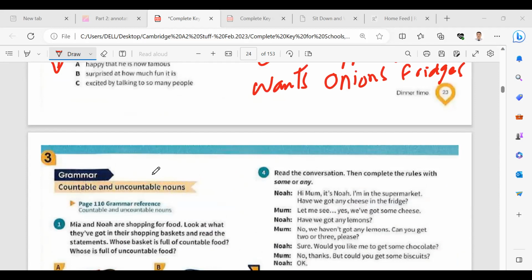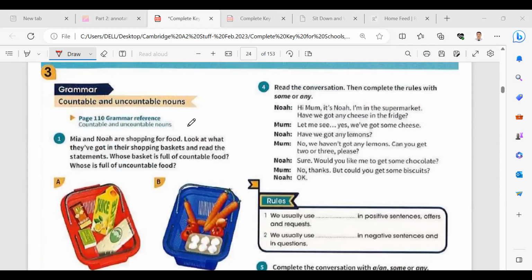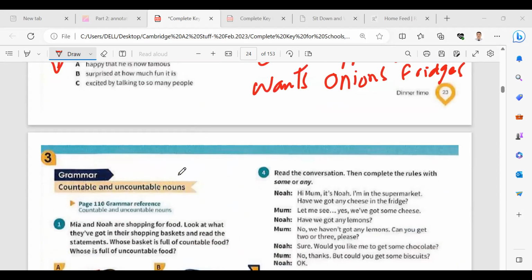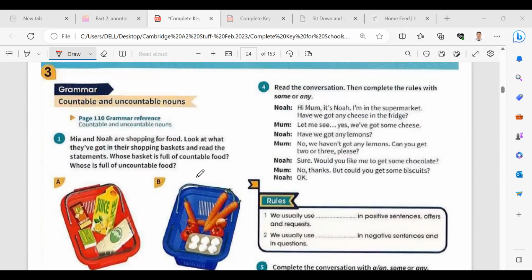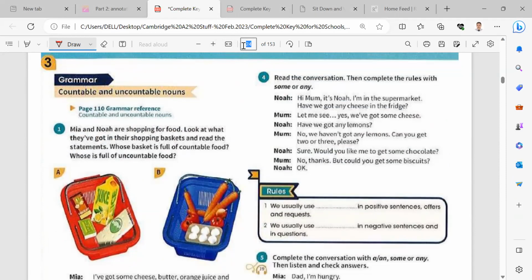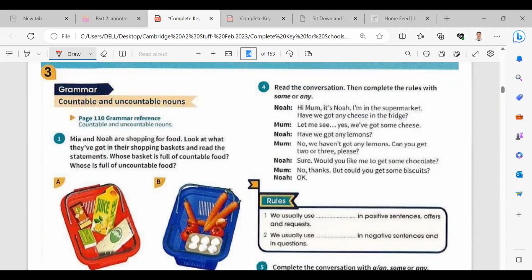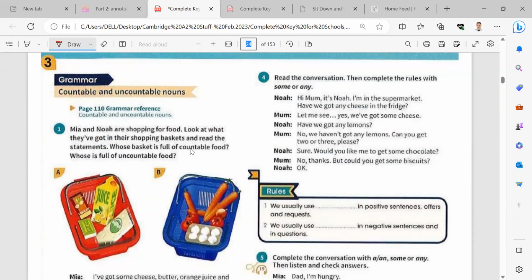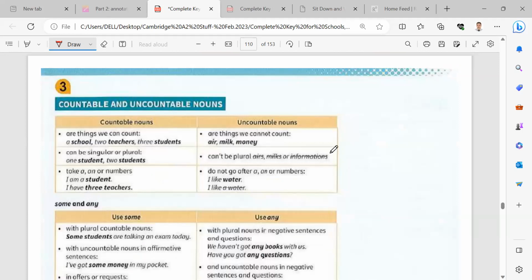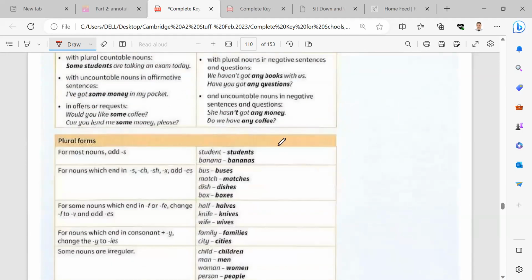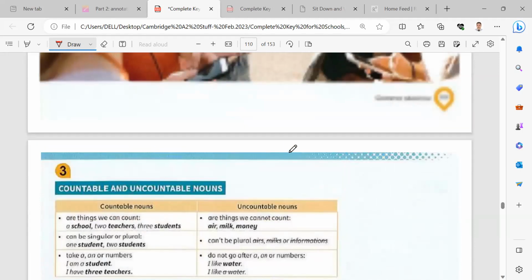Okay, so let's continue with another grammar lesson, Nawaf. Countable and uncountable nouns. This lesson is quite confusing, Nawaf, so please give me your full attention. How do I judge this noun is countable and this noun is uncountable? Any ideas?